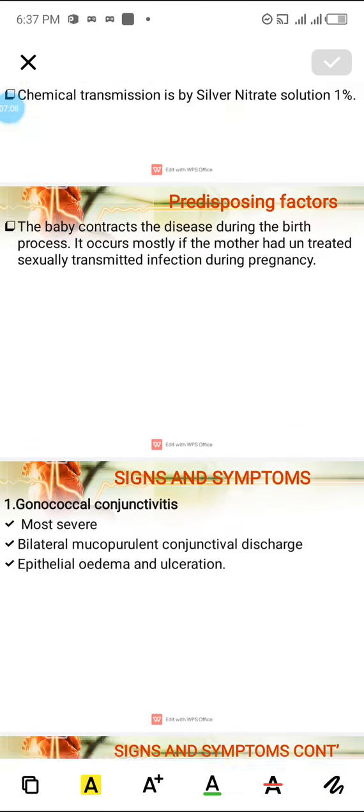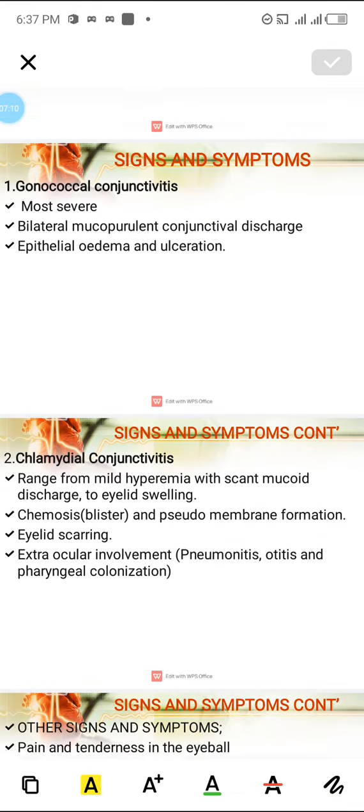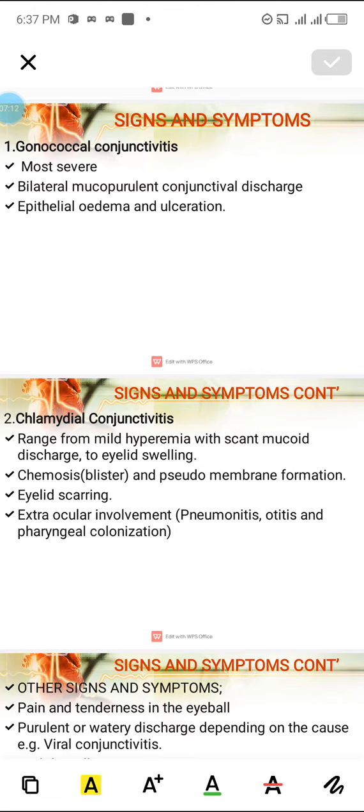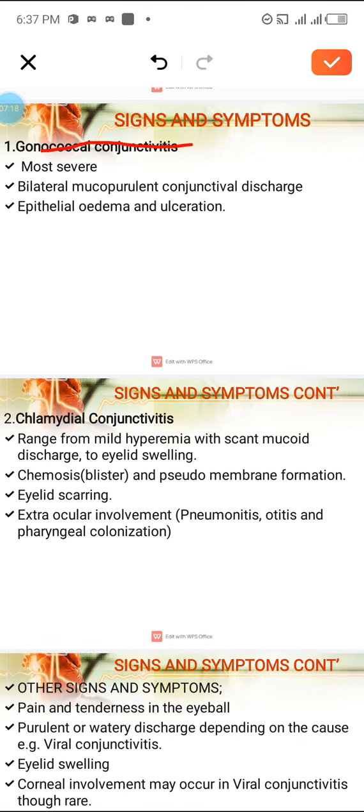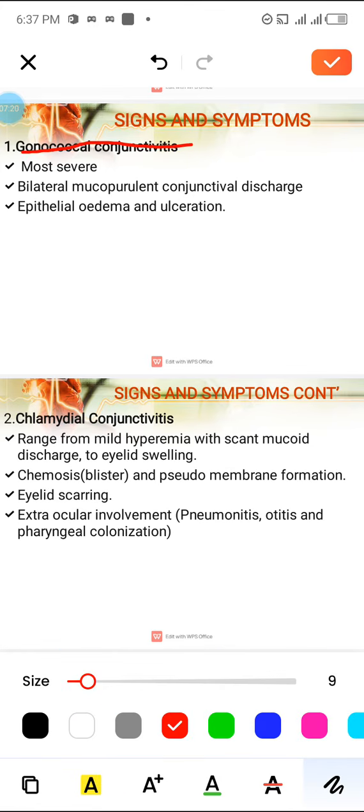Okay, so let's look at the signs and symptoms that we have here. Under the signs and symptoms, we have those which are caused by gonococcal conjunctivitis, which is gonorrhea. If you look at these, we are saying that it's the most severe.